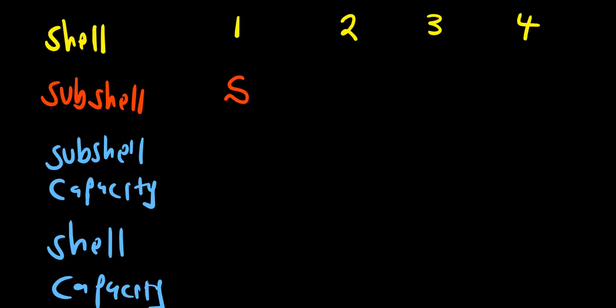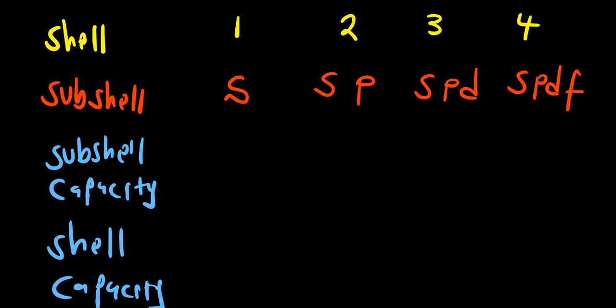In shell number 2, you're going to have the S subshell and the P subshell. Then in shell number 3, you're going to have the S, the P, and the D subshell. Then in shell number 4, you're going to have S, P, D, and F subshell.